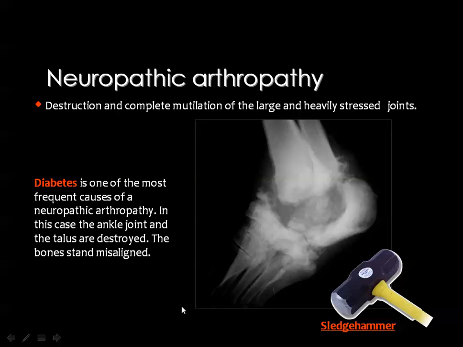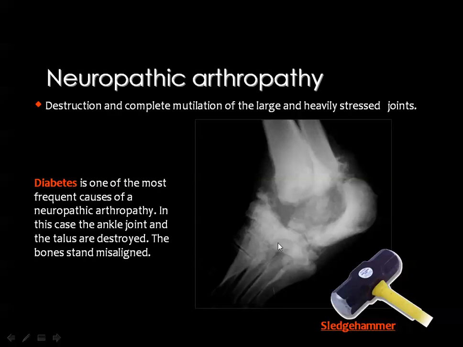The changes are sometimes simulated as if you have hit the joint with a hammer, and you got too many fractures, you got destructive changes in the bones.